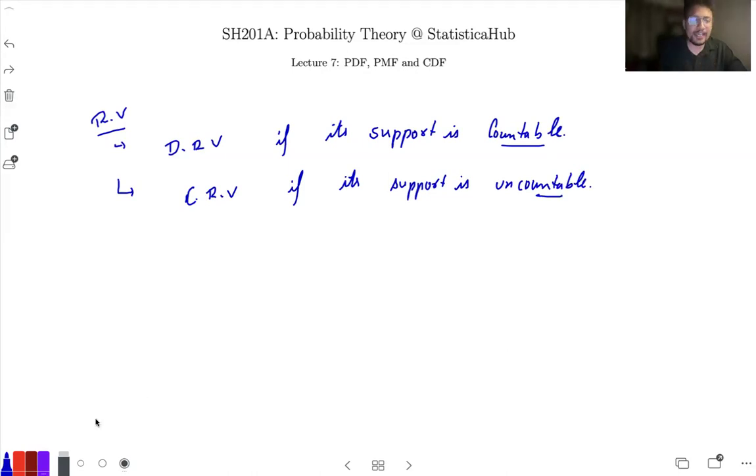If we go for any particular random variable, then we define some particular kind of probability associated with that random variable. So we have two concepts: one is PDF, the other one is PMF.